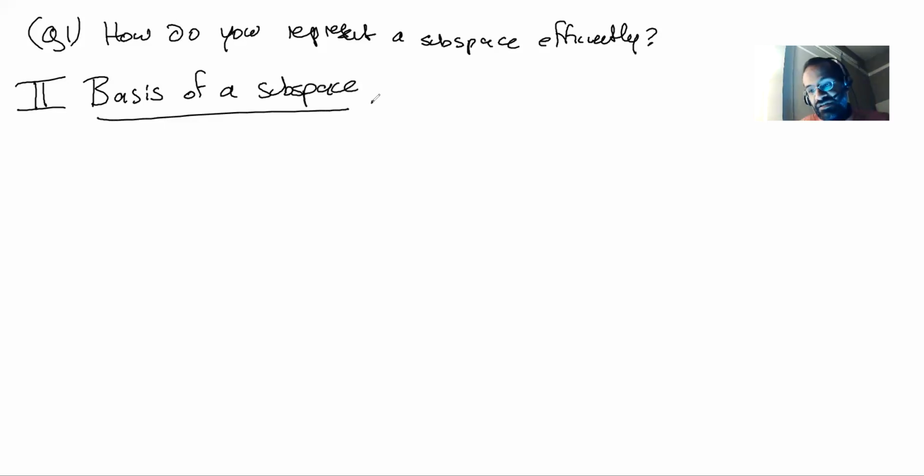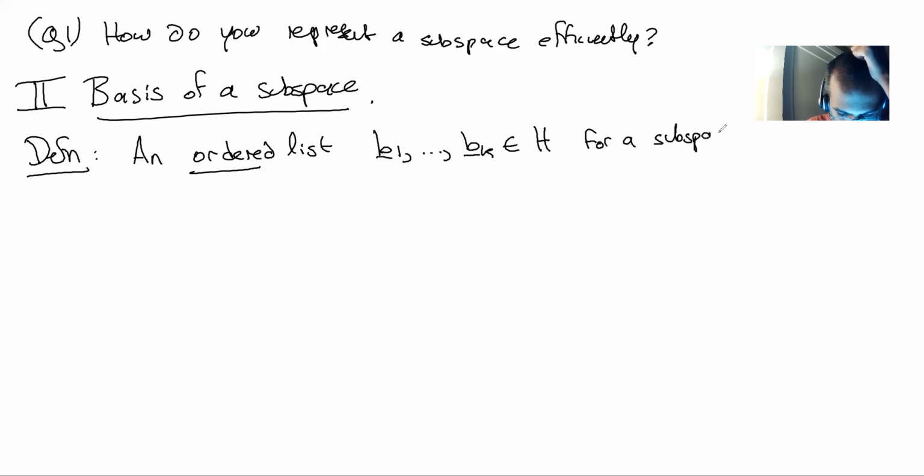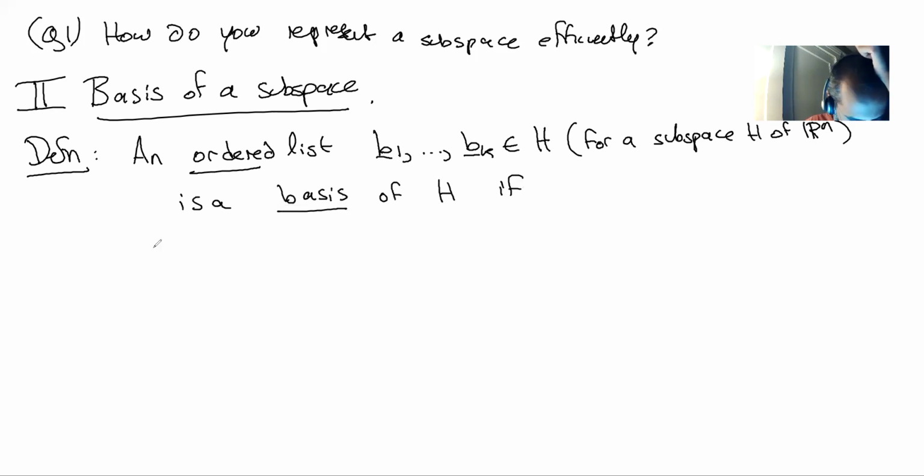Okay, so this definition is not very complicated. It's similar to things we've seen earlier. Here's the definition. An ordered list, so now the order of the vectors is going to matter really for the first time, B1 through Bk in H, for a subspace H of Rn, is a basis of H if two things happen.